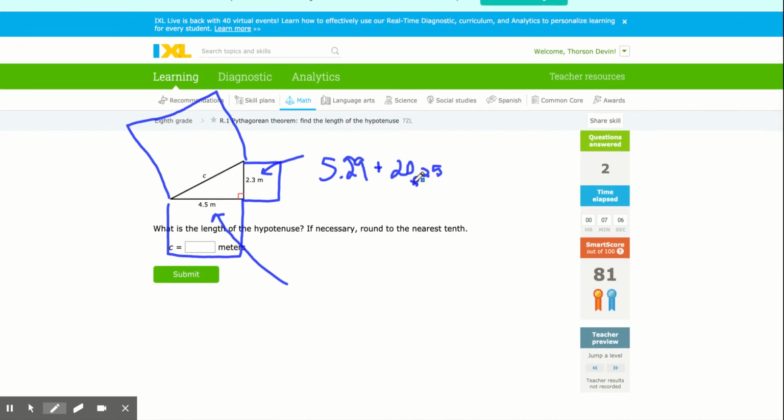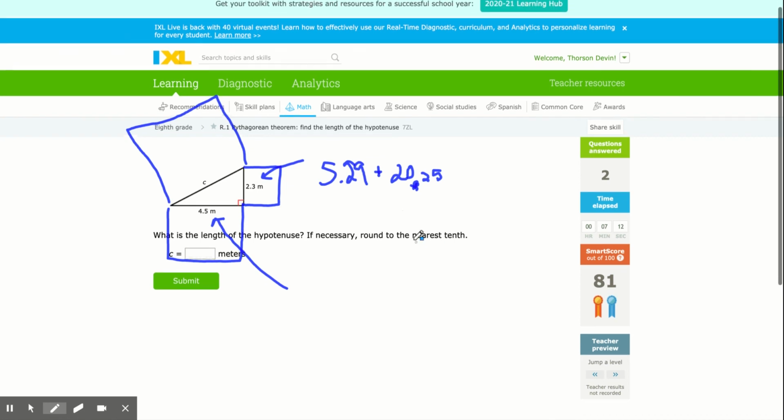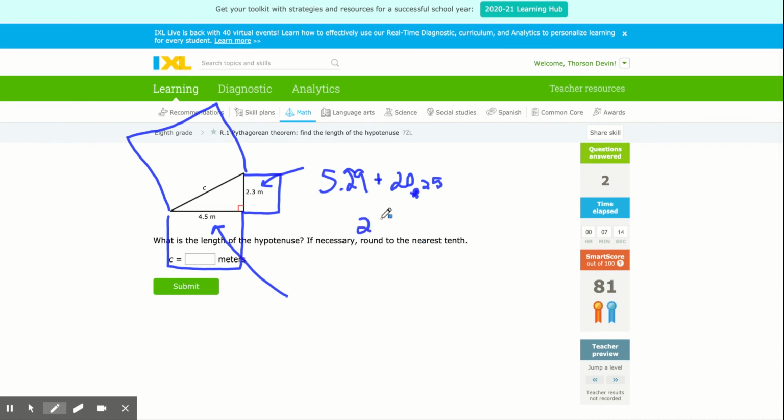So now I'm going to add those two numbers together, 5.29 plus 20.25. That's going to equal 25.54, and that equals the longer side squared.